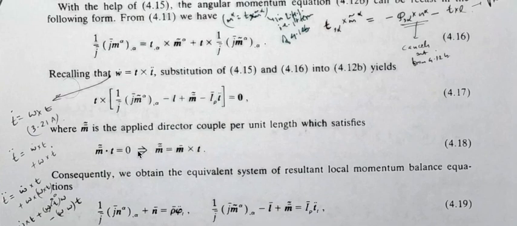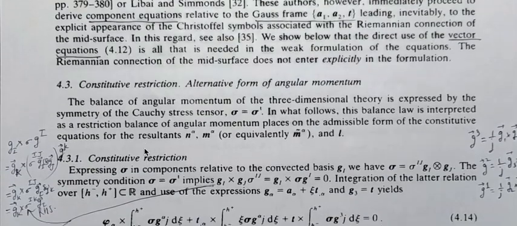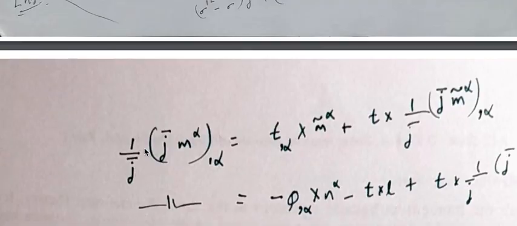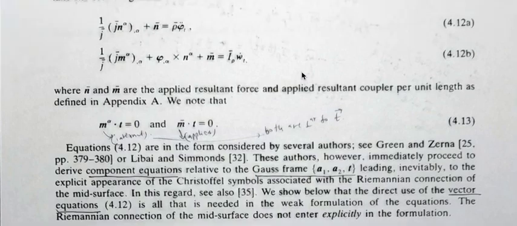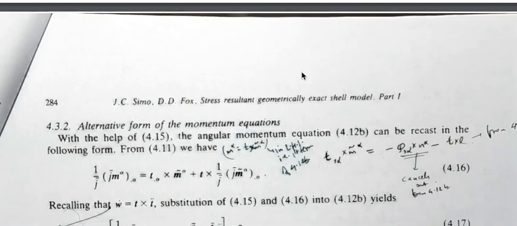And this m is the applied load, the director couple per unit length. In the previous page, when we wrote equation 4.12b, we had m bar dot t equal to 0 and m alpha dot t equal to 0. This is the internal force and this is the applied force, and both are perpendicular to the t vector.